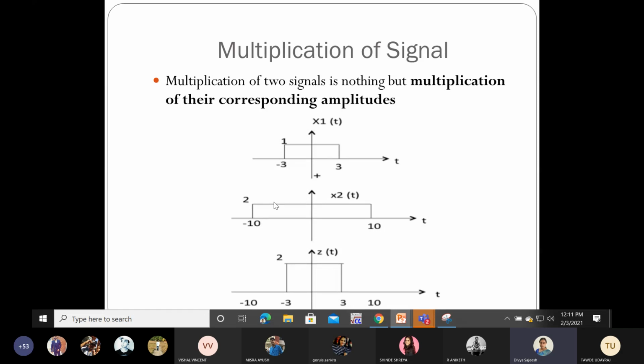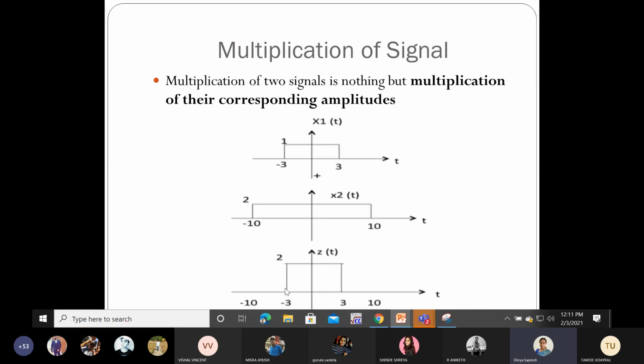Okay. So here the first signal doesn't exist in the interval -10 to -3. So amplitude here it is 2, here the amplitude is 0. So 2 into 0, 0.